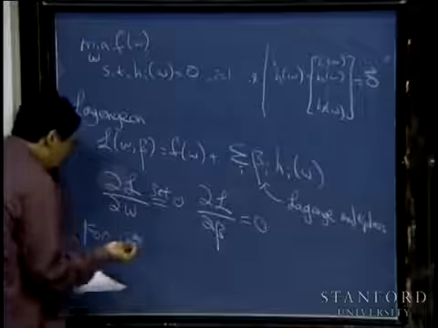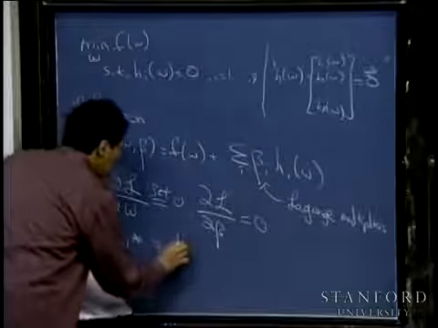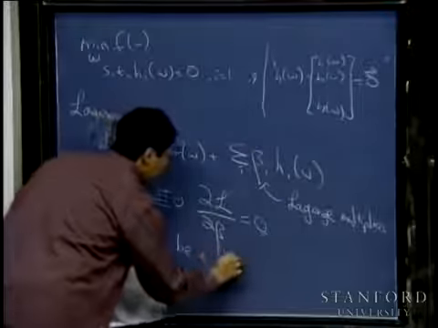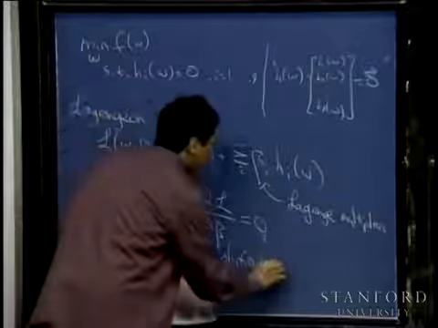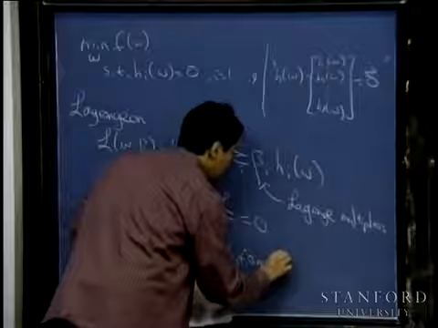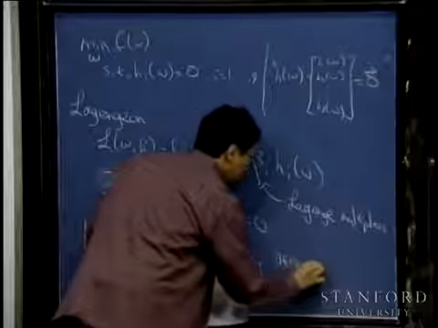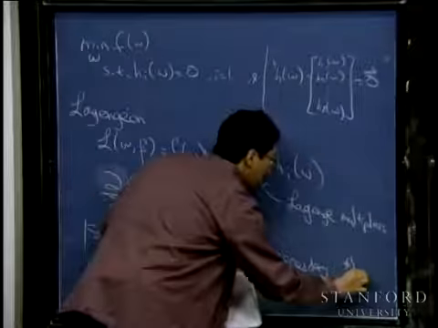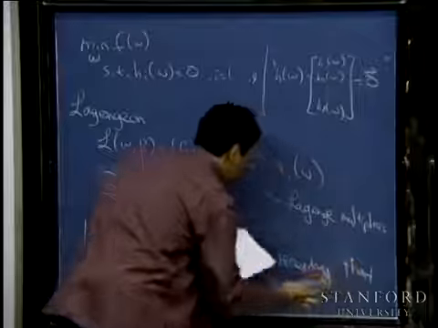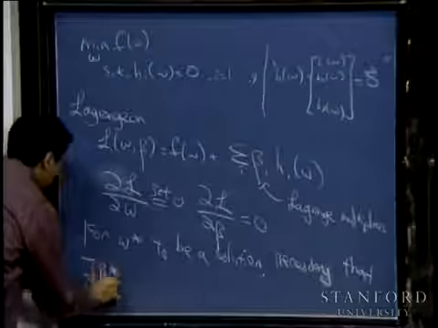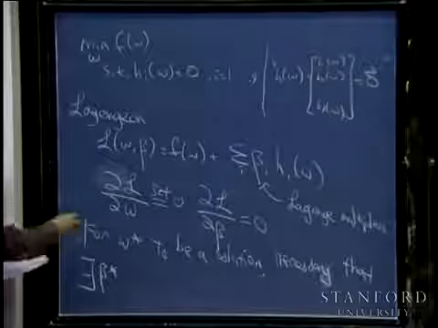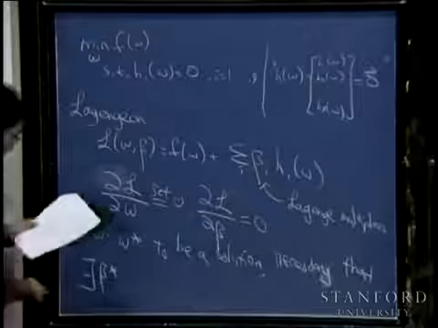for some value w star to be a solution, it is necessary that there exists beta star, right? The backwards E is there exists.